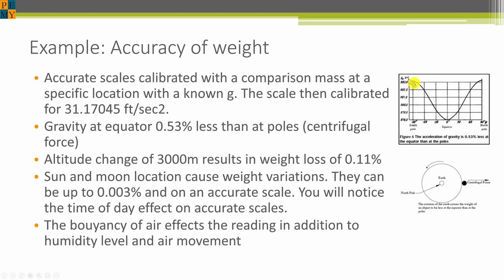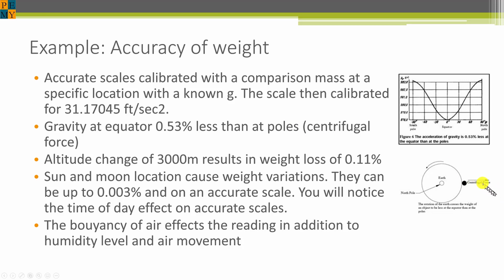This is a plot of the gravitational field from the North Pole to the equator, or the North Pole to the equator and back to the North Pole. Gravity is about 0.5% less at the equator than at the poles.